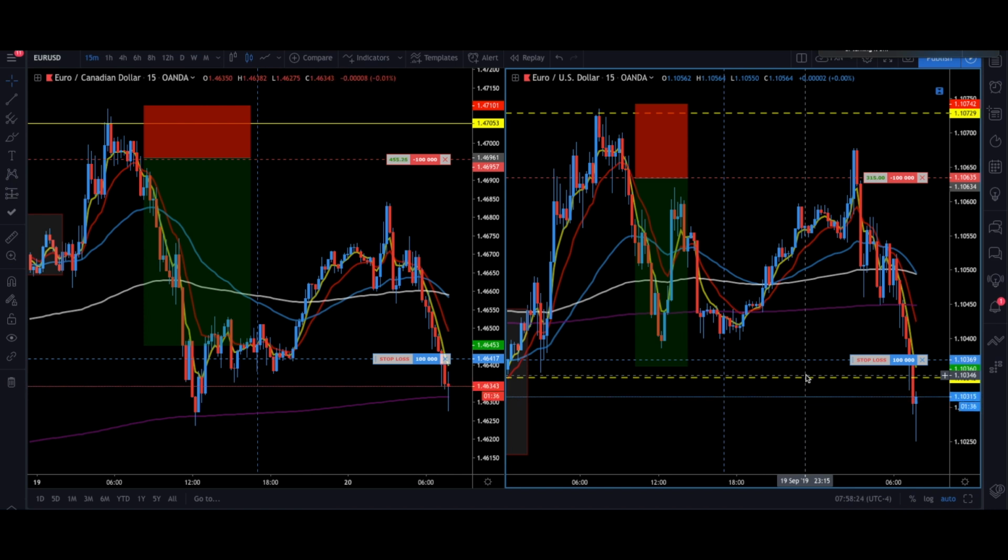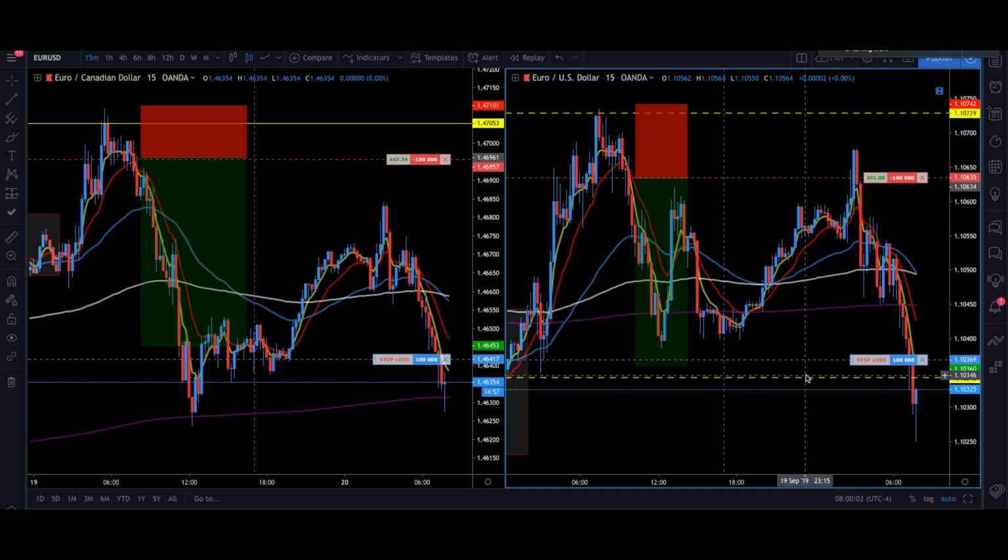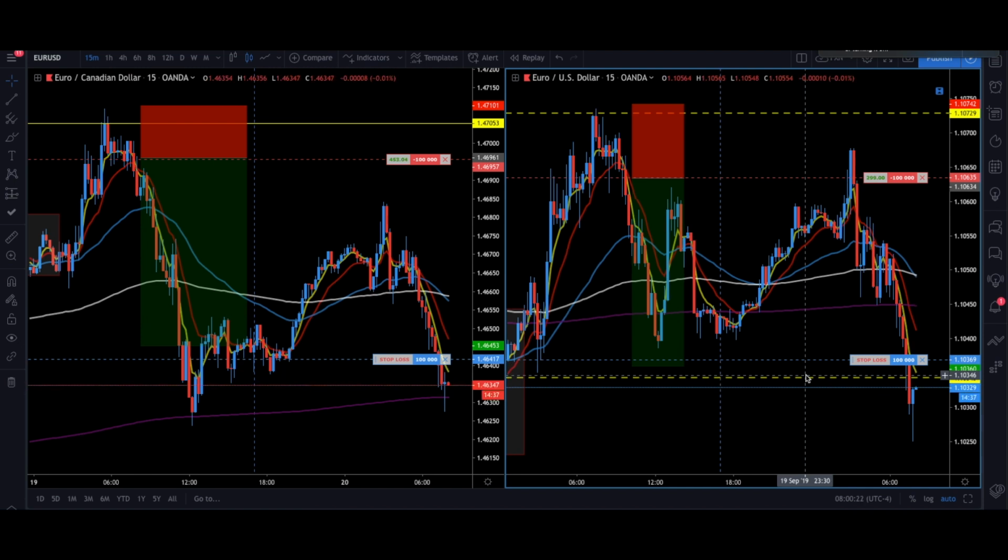Because of that, you have to take into effect that you could have a reversal happen during the U.S. session, and so what I try to do on this is give it probably around a 10 pip stop or 10 pip range as it continues to go down.